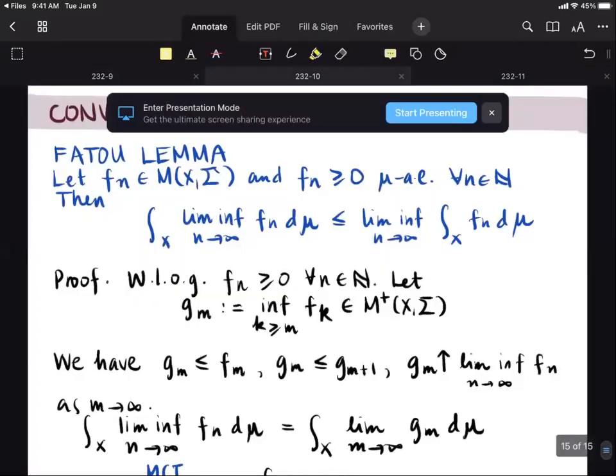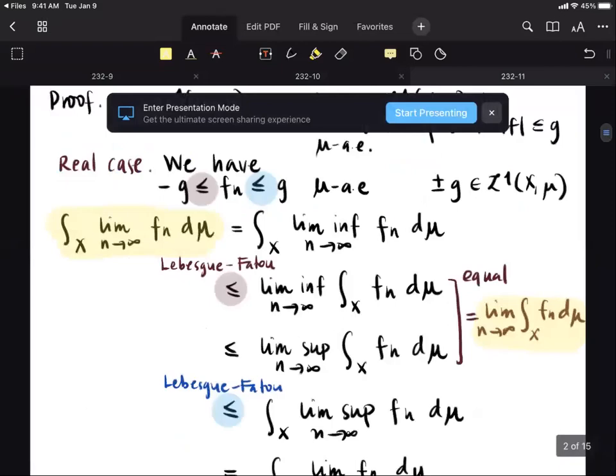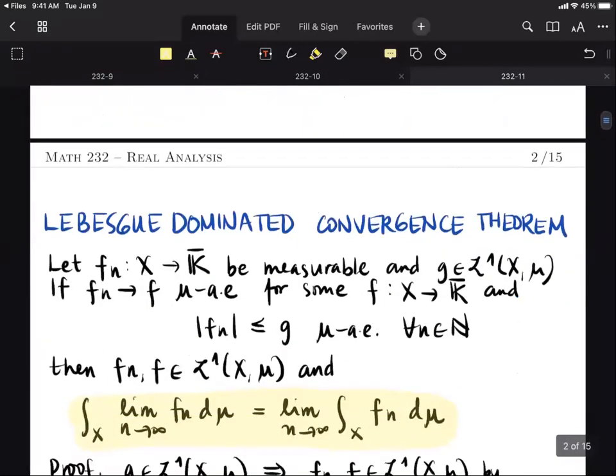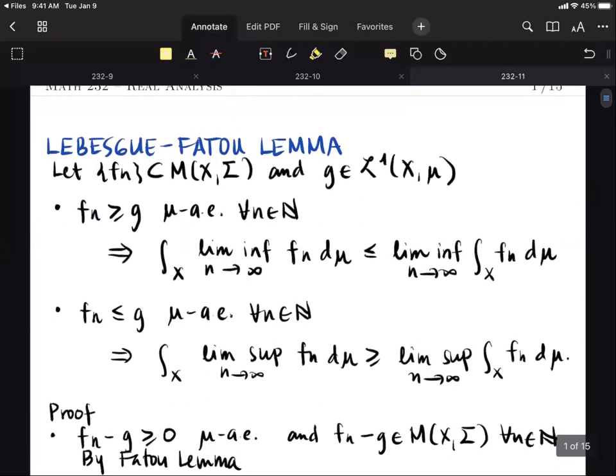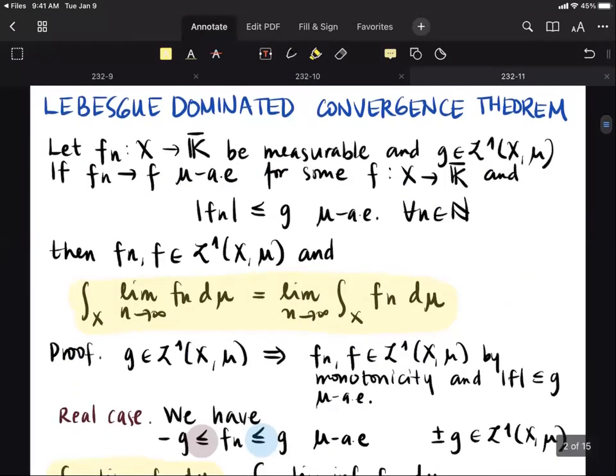We applied this to prove Fatou's lemma, and generalized this, of course, in the case of the limit superior and the limit inferior. Instead of having a lower bound 0, we have a lower bound that is an integrable function, and that is the Lebesgue-Fatou lemma. And this can be utilized in the proof of the Lebesgue-dominated convergence theorem. So those are the transitions in establishing these well-known convergence theorems for the Lebesgue integral.